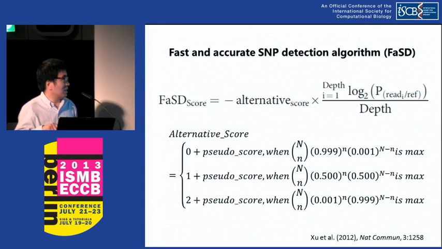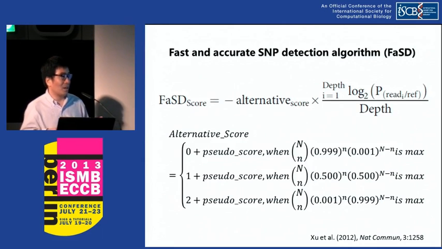For the alternative models, if there is a locus, it could have three genotypes. One is the homozygote the same as the reference, then the heterozygote, and then the homozygote different from the reference.